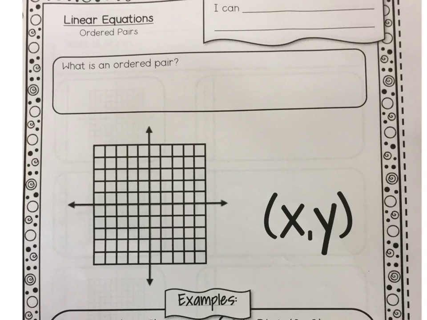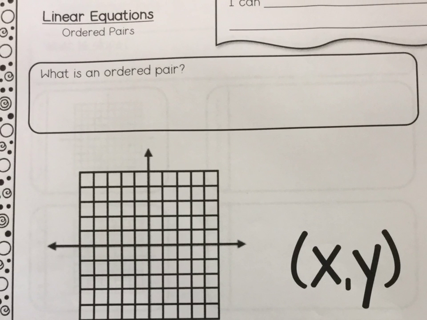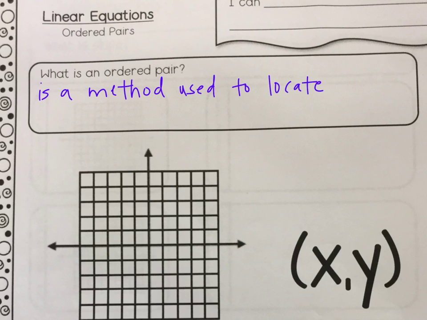This right here should be a review, but we're going to take notes. The first question says, what is an ordered pair? So an ordered pair is a method used to locate a point on a coordinate plane.